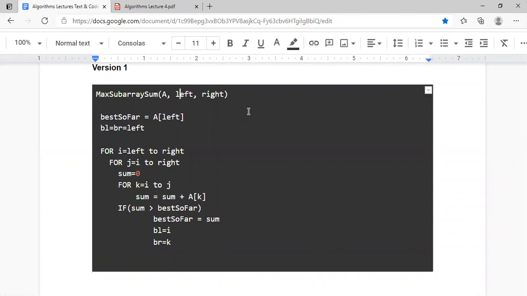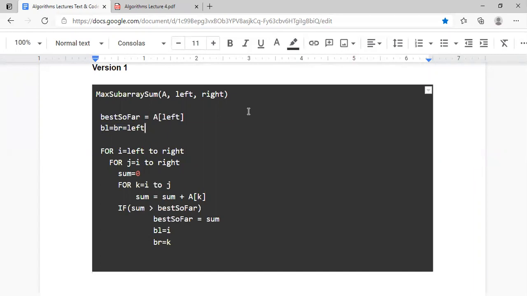So again, the way I will write these functions, like I wrote merge sort, rather than passing n here, I just pass the left and right indices. So left is the leftmost index, and this is what we are doing here. We're just taking the left element. If left is 1, then I've just taken the element 1.